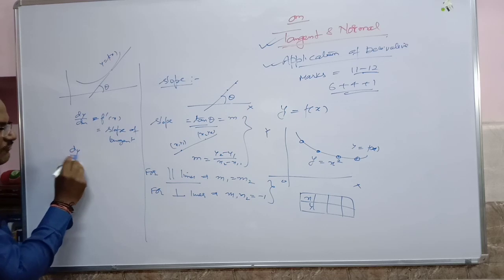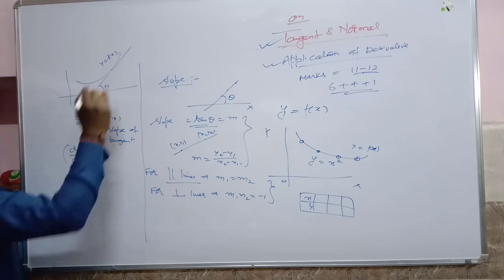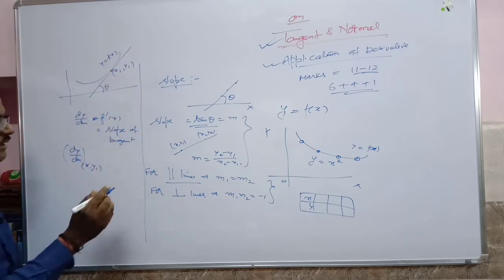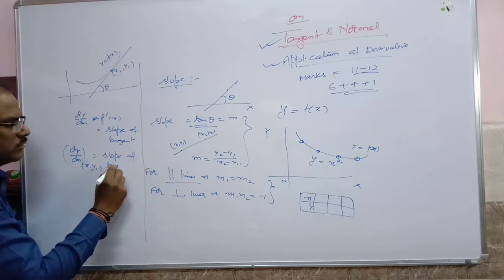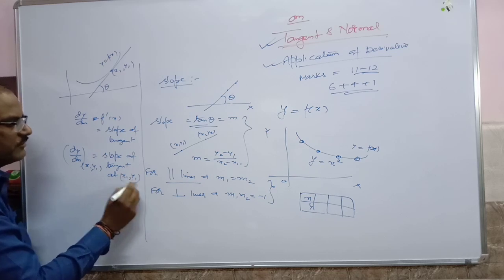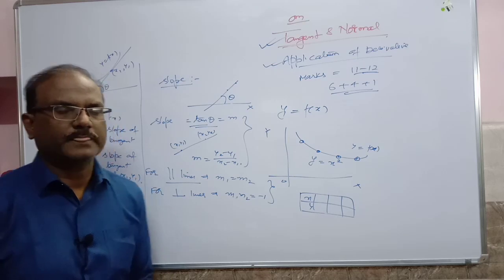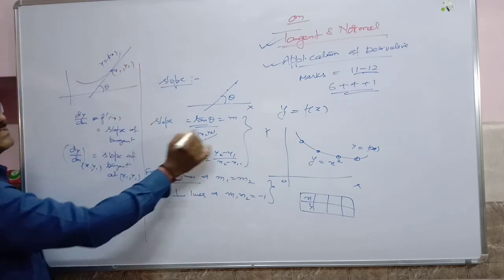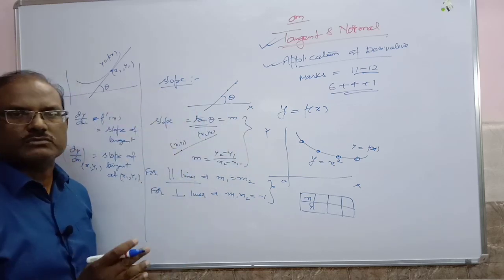While we put any value x1, y1, suppose we put this point x1, y1 after differentiation, then we call it the slope of tangent at x1, y1. At that particular point we get the slope. So slope, dy by dx, tan theta are all synonymous from now onwards.